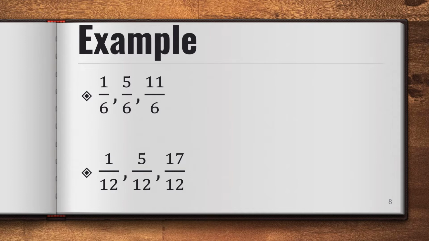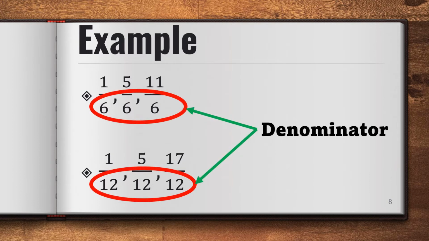So as we can see, we have here two sets of fractions, and if we take a look at their denominators, the denominators for each set are the same. For the first set, the denominator is 6, and for the second set, the denominator is 12. So as long as the denominators are the same, they are called similar fractions.